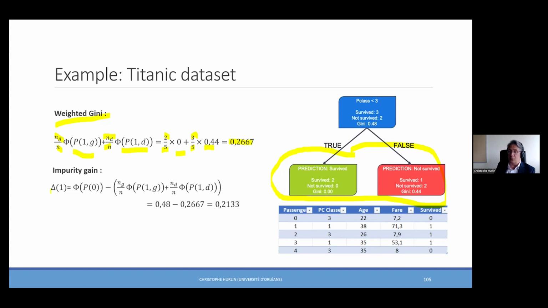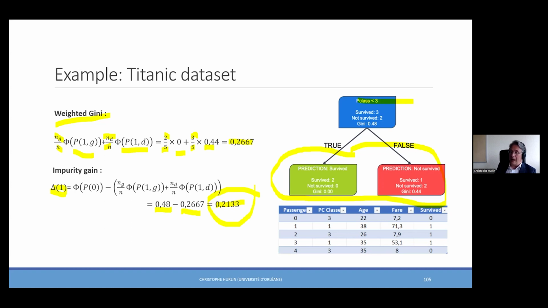So what is the impurity gain if I use the class for the binary division? I have a gain in terms of impurity that is equal to 0.48 minus 0.26, and it is equal to 0.21. This is a gain in impurity that I could reach if I use this variable for the binary division at the first stage.